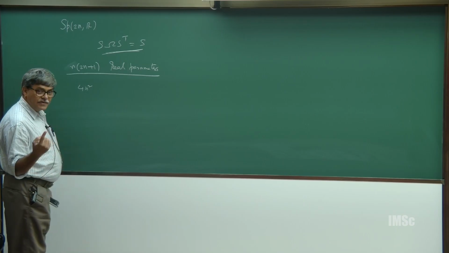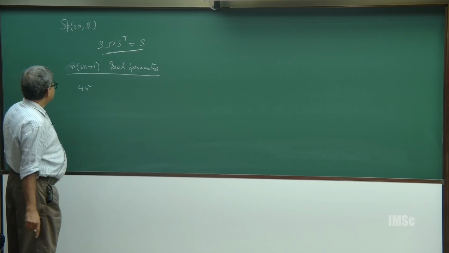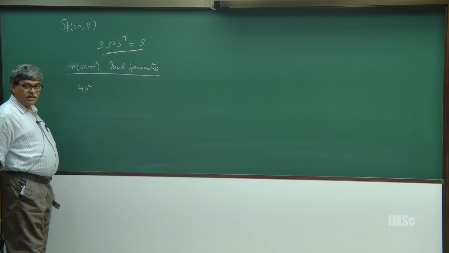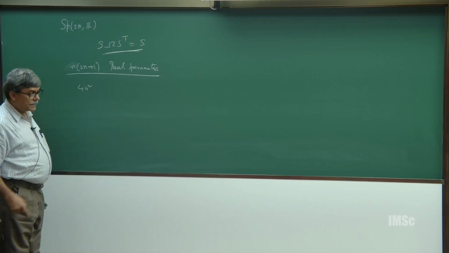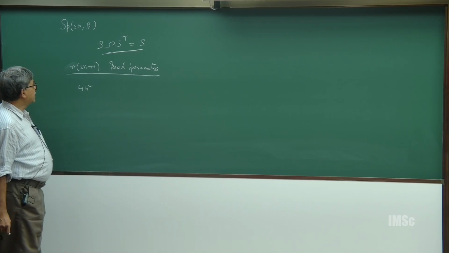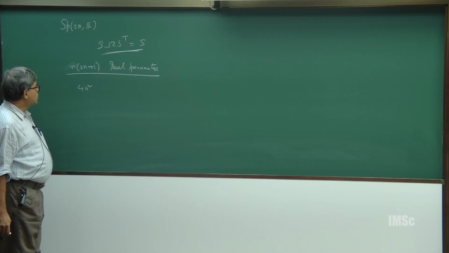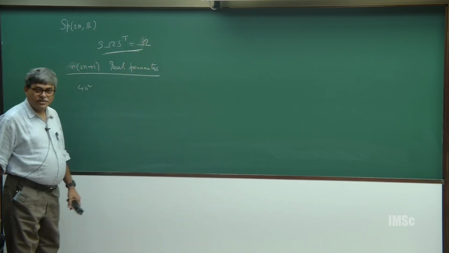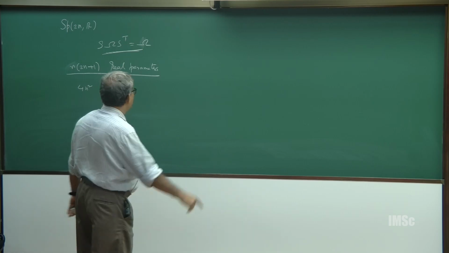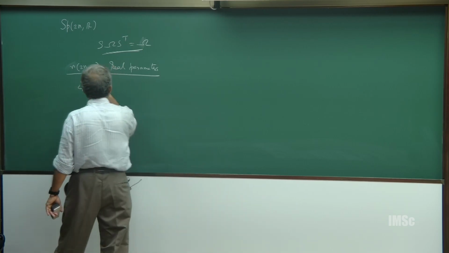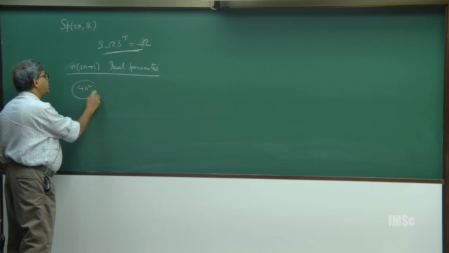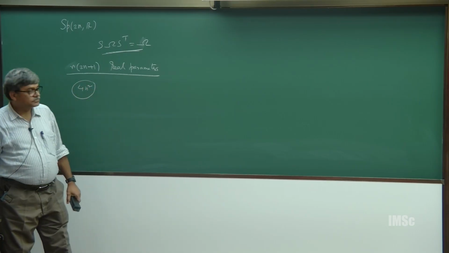For example, for n equal to 1, this is 3. Sorry, this is not S, this is omega. So this many real parameters are required, which is of course much less than 4n square.